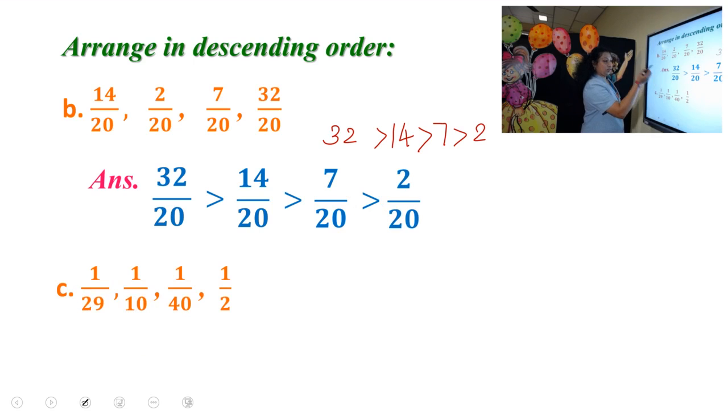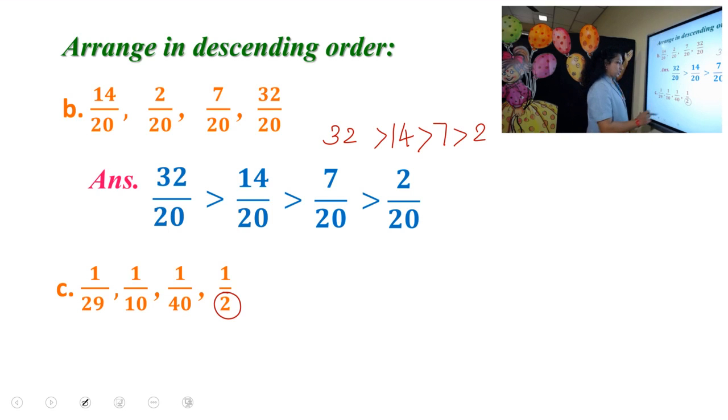Arrange in descending order. Descending means big to small. 1 by 29, 1 by 10, 1 by 40, 1 by 2. Here the numerators are the same. When numerators are the same, the fraction with the smaller denominator is the greatest. So, according to our counting numbers, which is greater? 40 is greater. But when it is a fraction, which is greater? The fraction with the smaller denominator.